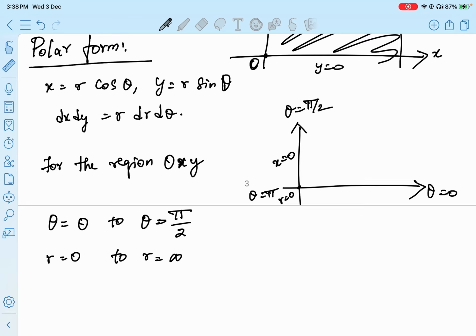In the polar form it goes up to infinity, so we don't know where it is going to stop. It will run like this somewhere. These are the shaded regions, r equal to infinity. We don't know where it ends, so r goes from 0 to infinity.